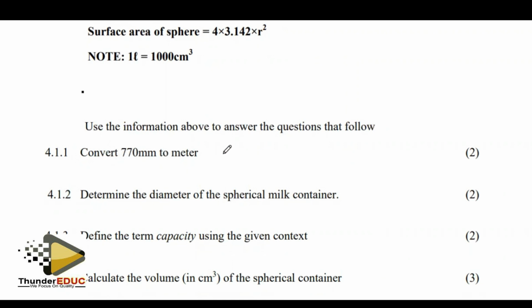770 millimeters to meters. So here we are converting millimeters to meters. Remember, we have this. So it's accommodated here.